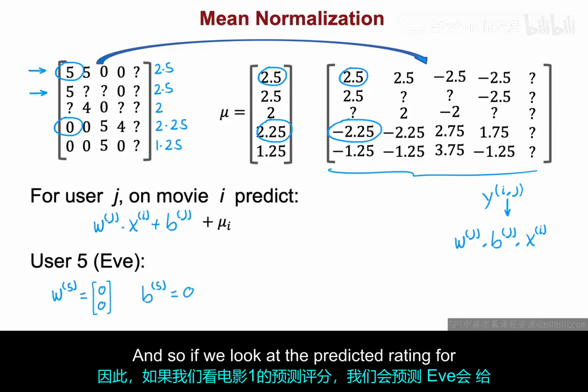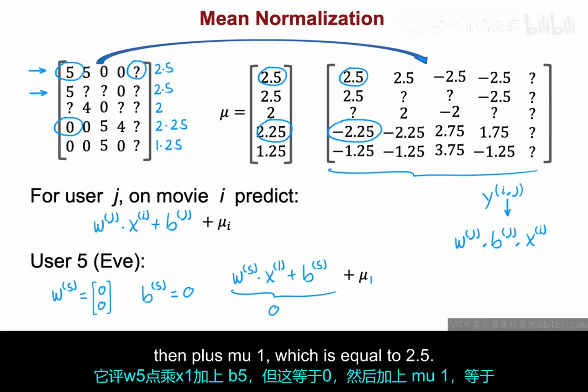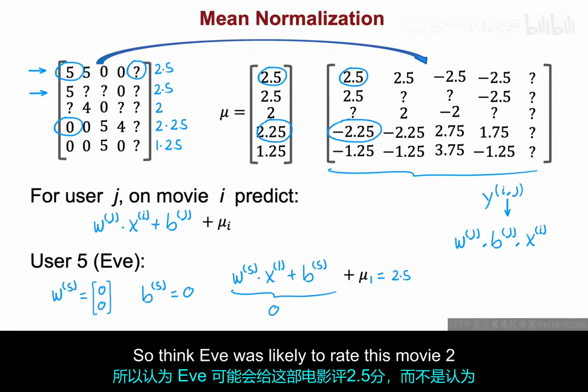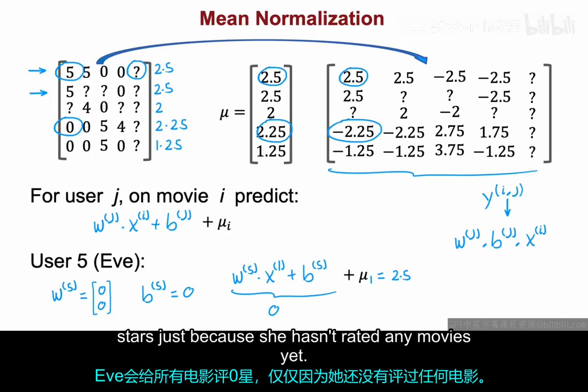And so if we look at the predicted rating for movie 1, we will predict that Eve would rate it W5.x1 plus B5, but this is 0, and then plus mu 1, which is equal to 2.5. So this seems more reasonable to think Eve is likely to rate this movie 2.5 rather than think Eve will rate all movies 0 stars just because she hasn't rated any movies yet.